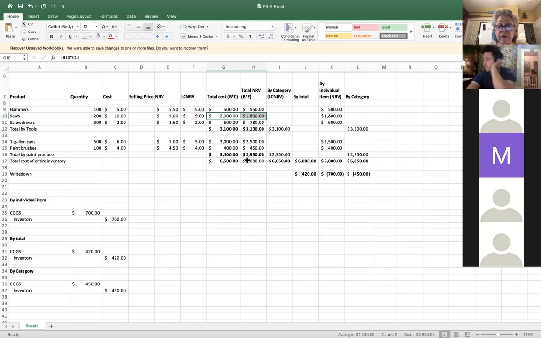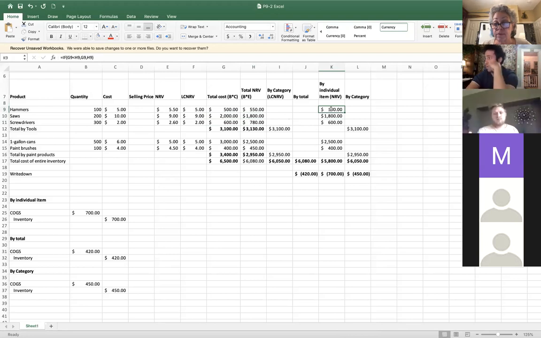Obviously, the lower between those two is the 1800. The lower here is 600. So when I'm doing it by individual item, I have to pick the lower of the two. When I calculate the lower of the two and then sum it up, the 5,800 represents the total inventory at LCNRV by individual item.